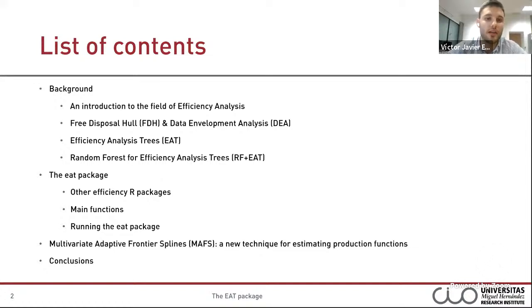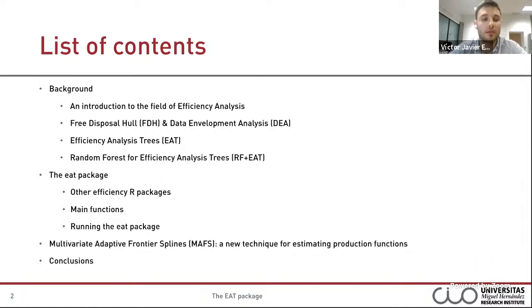First, we will give a brief introduction to the field of efficiency analysis, followed by some very basic notions of two of the best known techniques in this discipline, Free Disposal Hull, FDH, and Data Envelopment Analysis, DEA. After that, we will present the foundations of the new adaptations that we propose, Efficiency Analysis Trees, EAT, and Random Forest for Efficiency Analysis Trees.